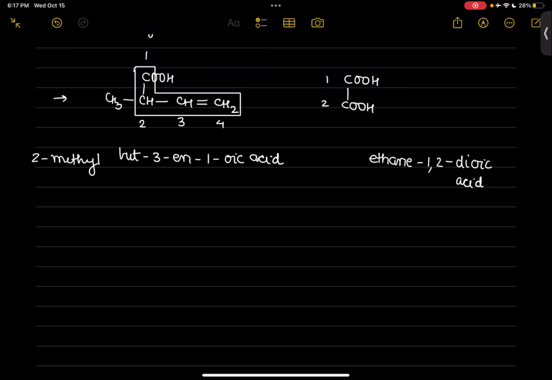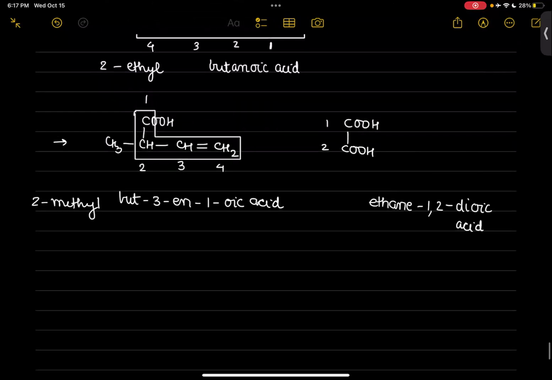So how did ethane come? Because it is the word root for the number of carbon atoms. And shouldn't it be ethyne or something, because two carbon, two hydrogen? Exactly, but you should look at the nature of the bond between the carbon-carbon atoms. Clear?